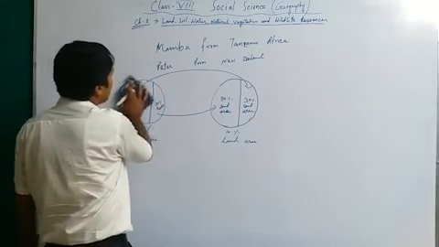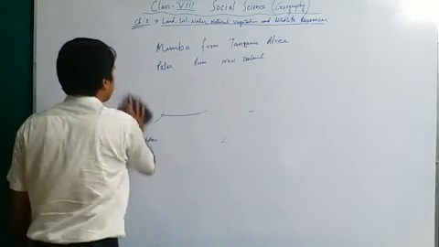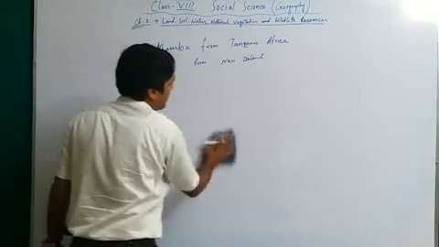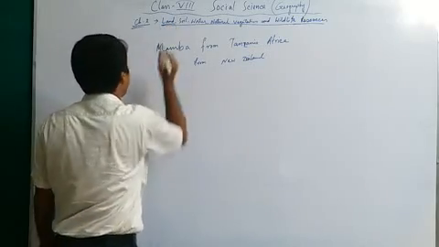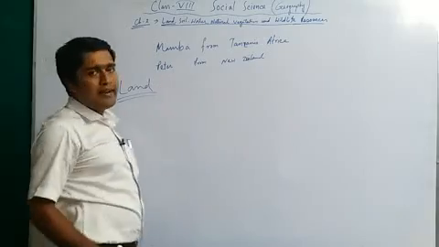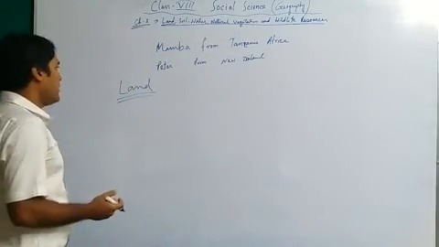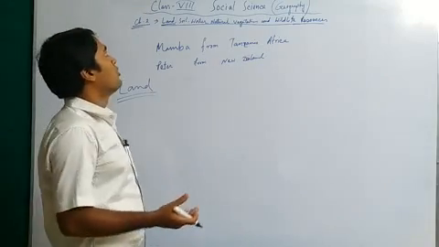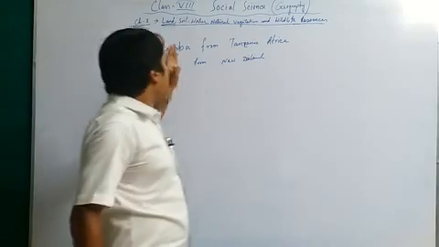Now, first, according to the heading you have seen, land is an important natural resource. Now today we will discuss the land resource. Land also depends on the different types of landform.